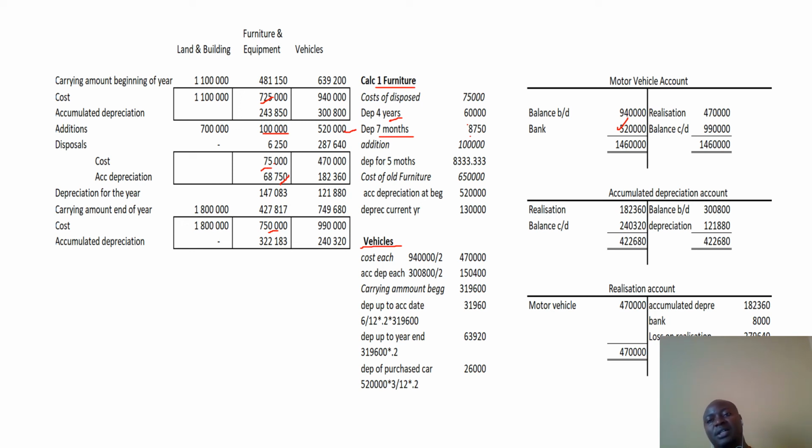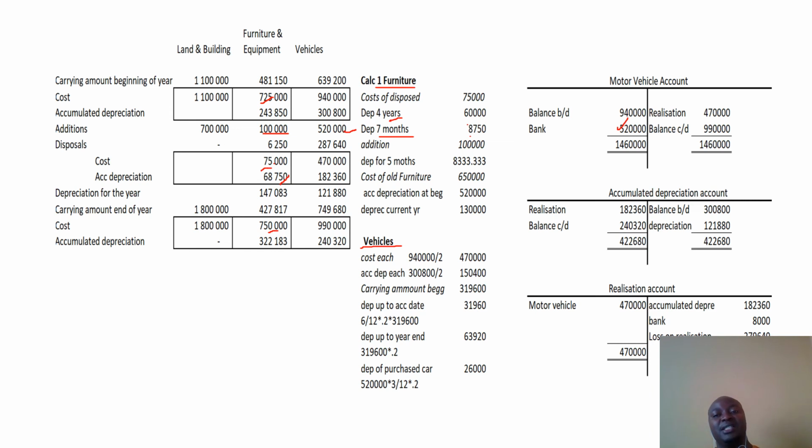So obviously you add, this is the bigger total, the bigger side, you add this side and that side. You put the total on both sides, 1,460,000, 1,460,000 both sides. And there were vehicles that were sold. One of the vehicles was sold, or in actual fact it wasn't sold, it had an accident and it was scrapped.